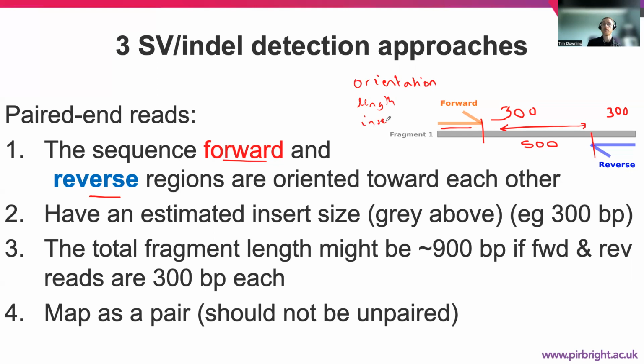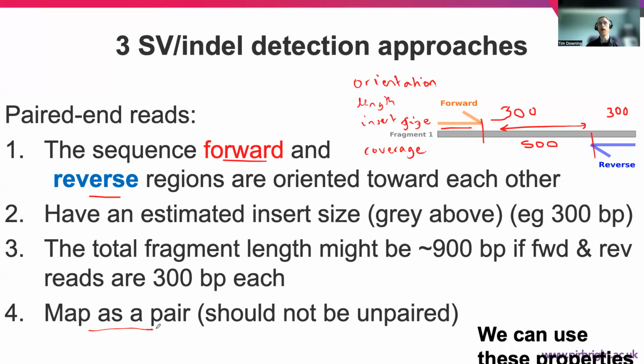The insert size when it's mapped. And then the coverage of reads. So how many reads do we have? Is that expected compared to adjacent regions or the chromosomal or genome-wide average? We also have whether it's mapping as a pair or not, and sometimes it won't.